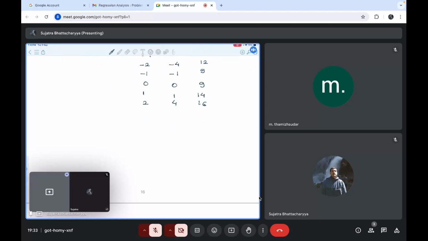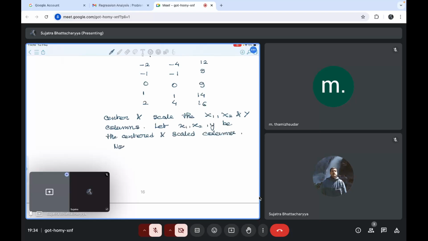Okay. So the question says to center and scale the x1, x2, and y columns. Okay. You have to center them. Let small x1, x2, and small y be the centered and scaled columns.